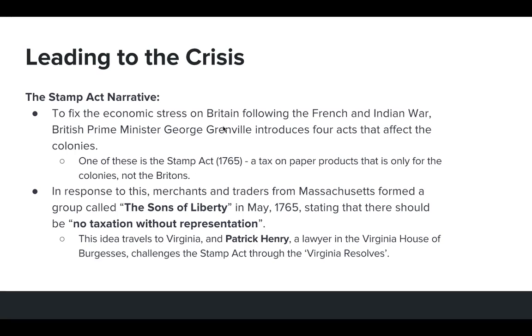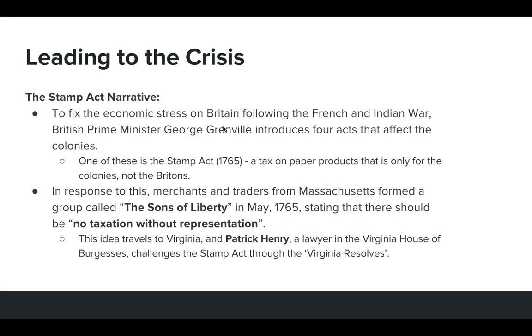And in the House of Commons, there is no American representative. So there was no opportunity for the Americans to stand up for their own rights and say, no, you can't do this, this is possibly going against our own British rights. That's where the idea of no taxation without representation comes from the Sons of Liberty: the idea that no one should be taxed without having a say on the tax itself.